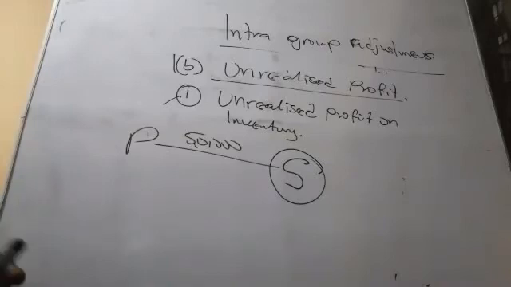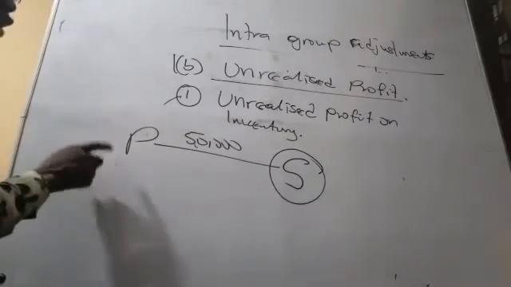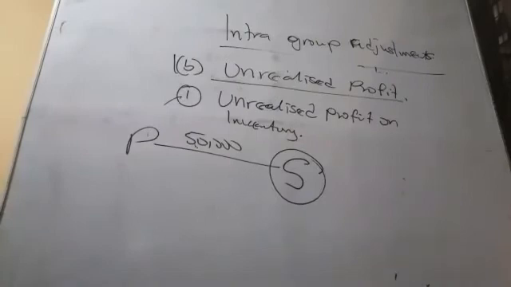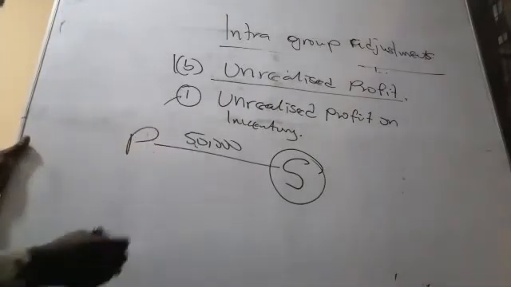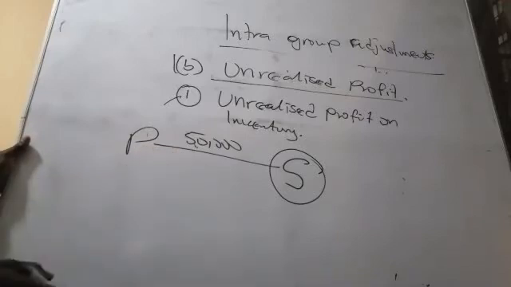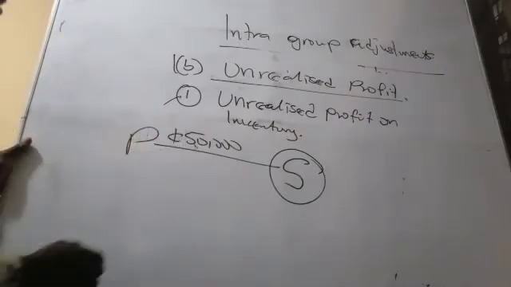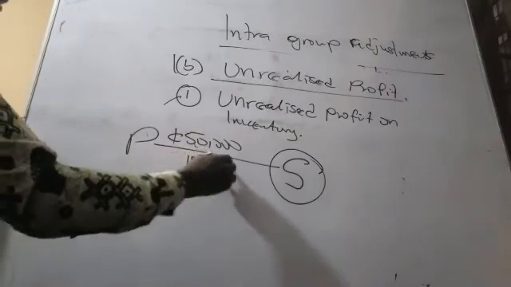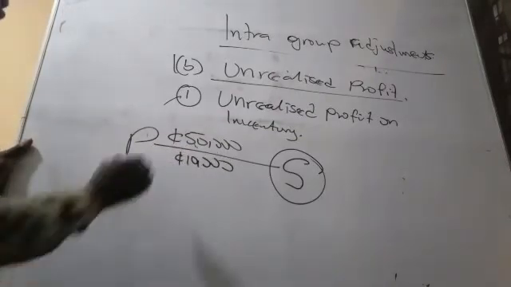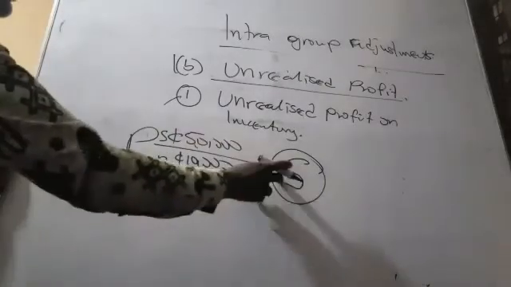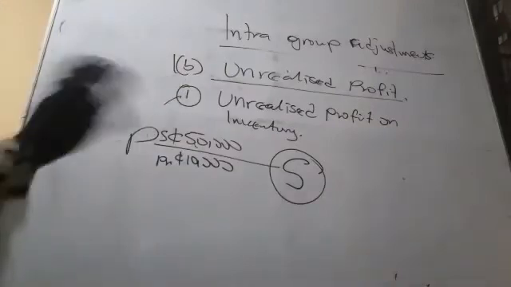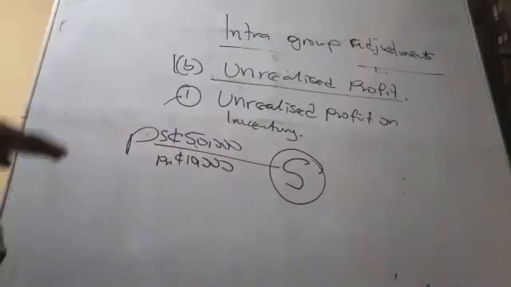If yes, then definitely the profit recorded by the parent has not been fully passed on. So let's assume that the parent made a profit of just 10,000 and the sale is 50,000. And let's assume that the subsidiary has not disposed of any of these goods. All the goods are still in inventory.